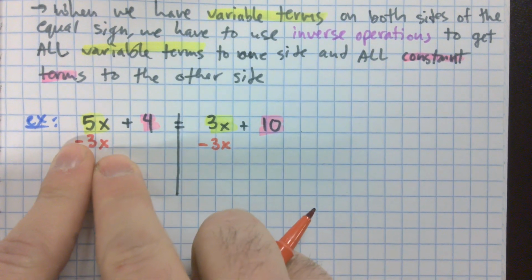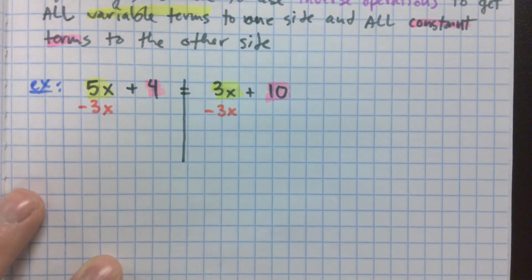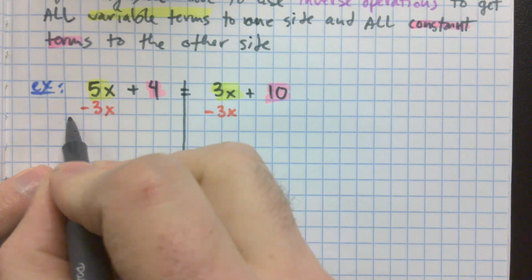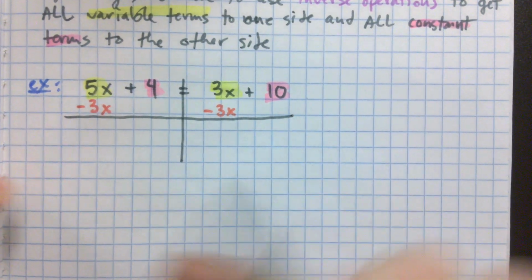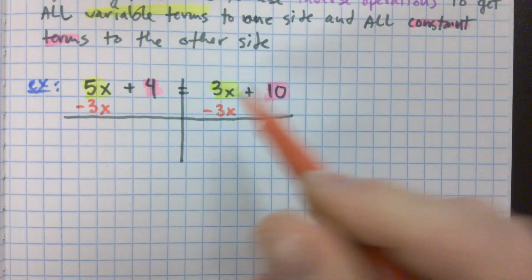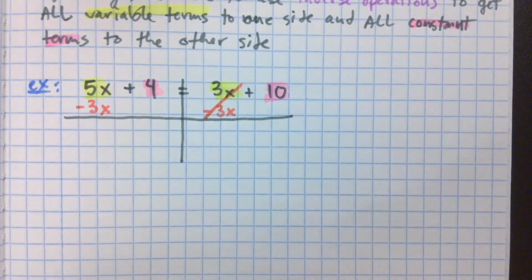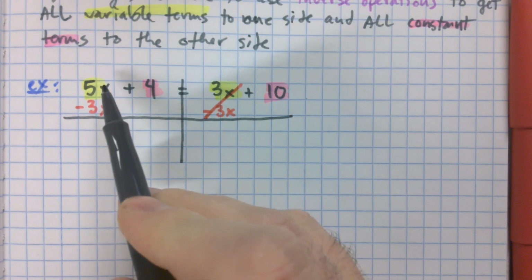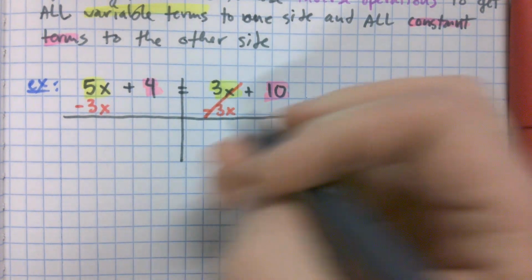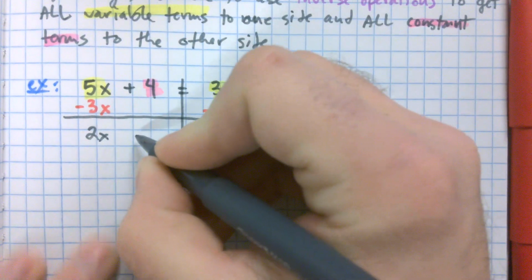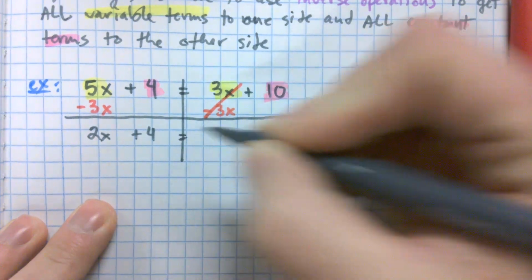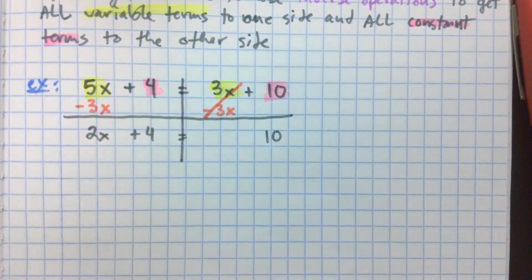We can combine it with the 5x though. I'm going to draw my line under all that. What happens to 3x minus 3x? Cancels out. What would 5x's minus 3x's be? 2x. Plus 4 equals 10.